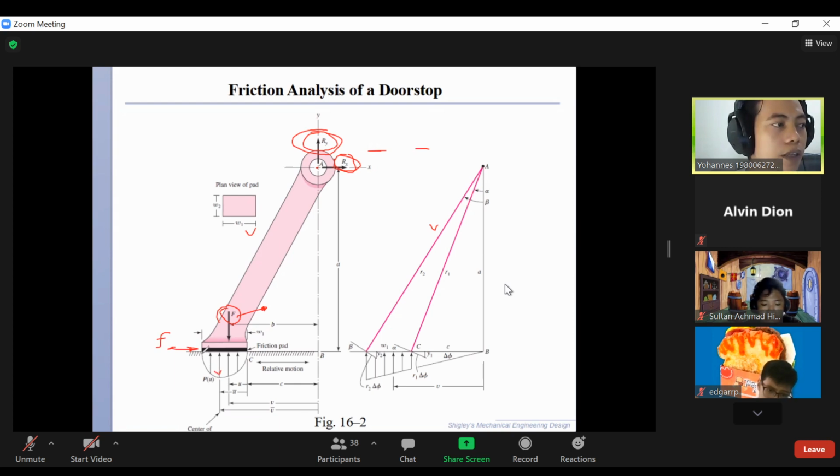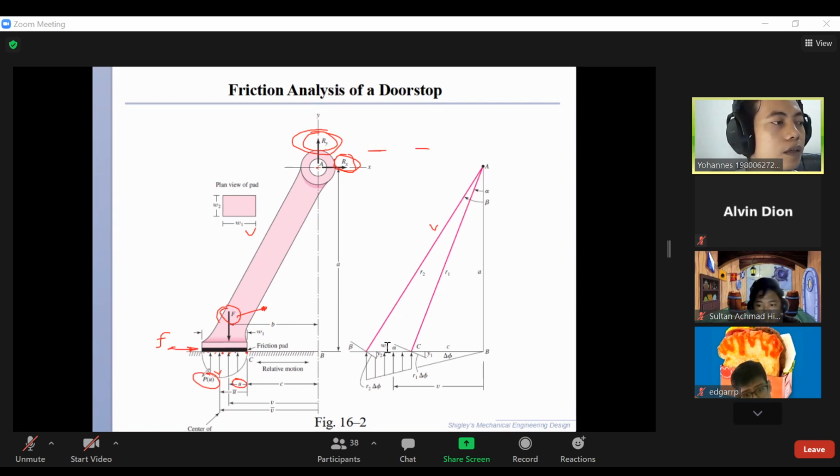As you can see here, the distribution of the pressure on the ground is not homogeneous, but it is parabolic or has a function. So for example, you have U here as the position measured from this point. So here you have U, the location of any point on the friction pad.